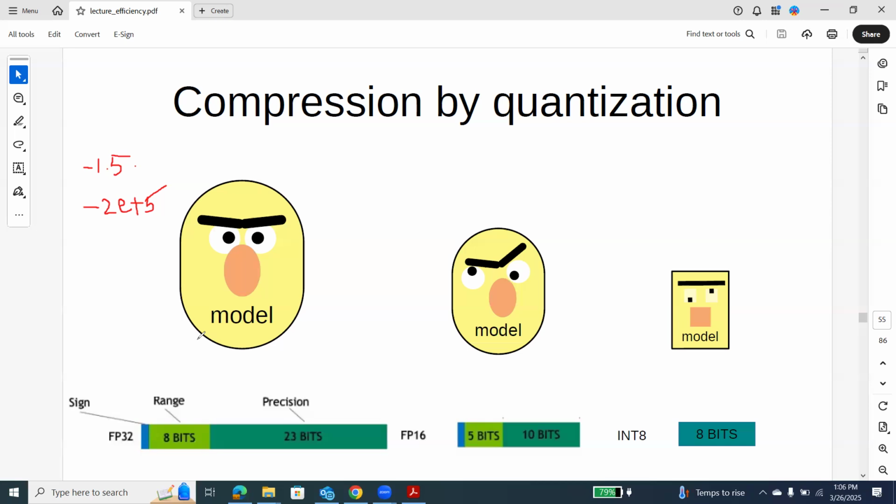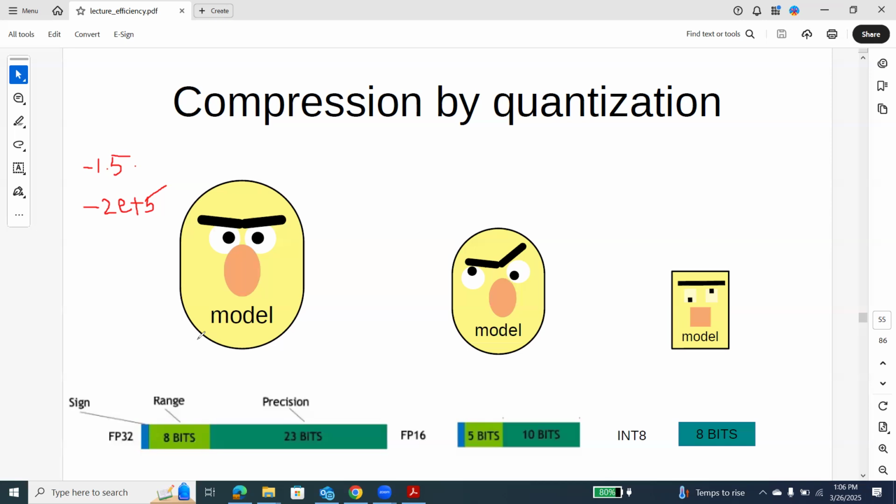So maybe we don't need such a large range.